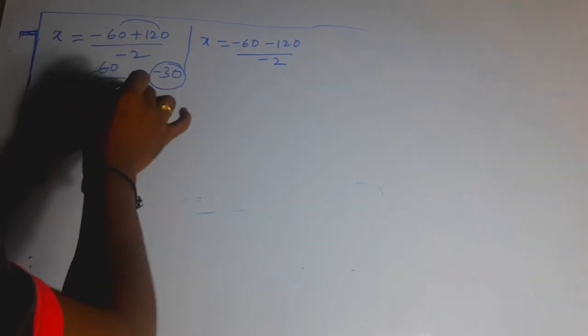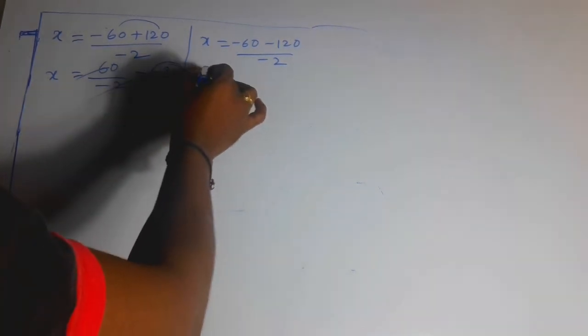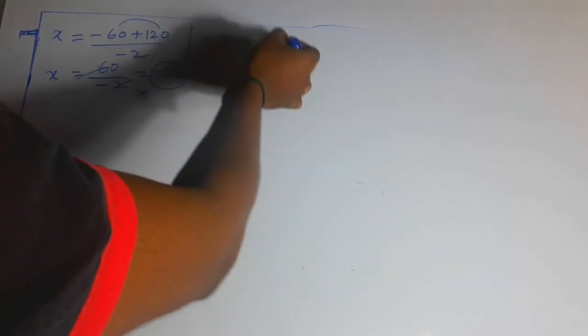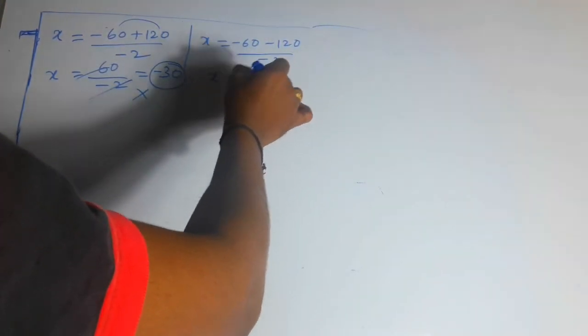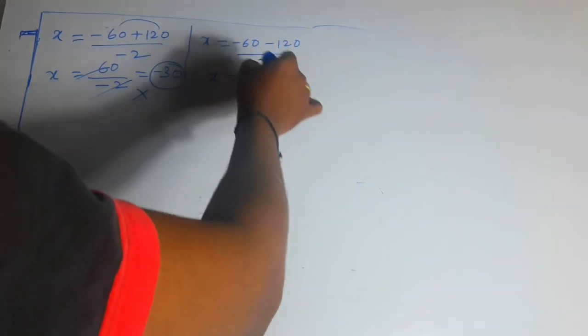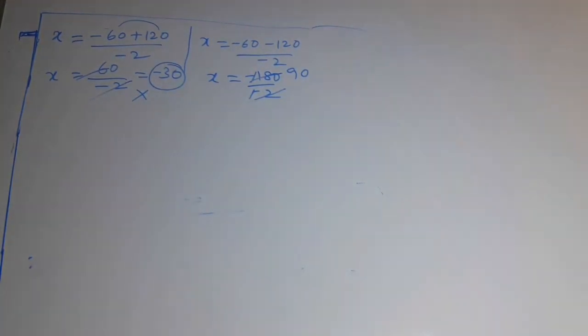Don't take this negative value, because length should not be negative. Minus 60 minus 120 together is minus 180 by minus 2. Minus minus cancel, and 2 times 90 is 180.